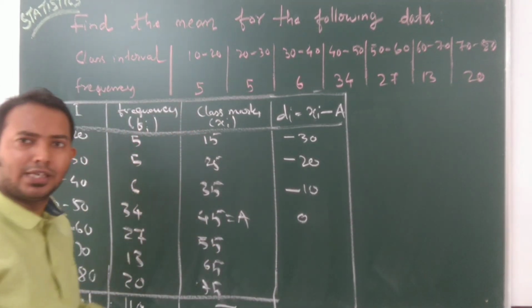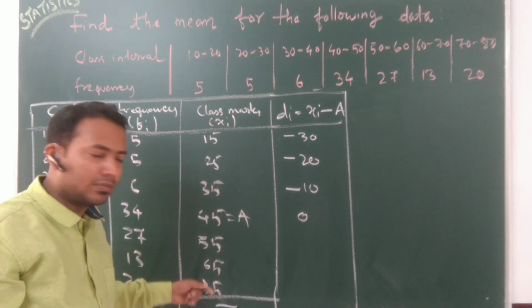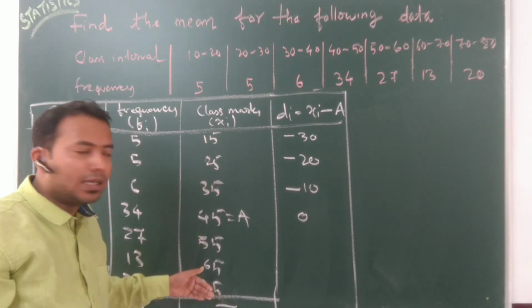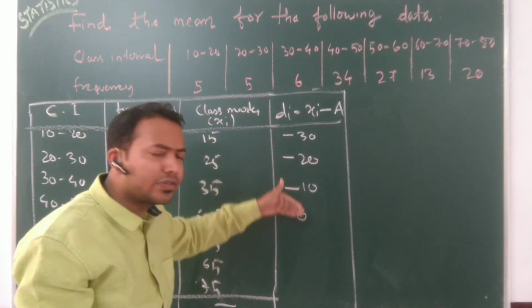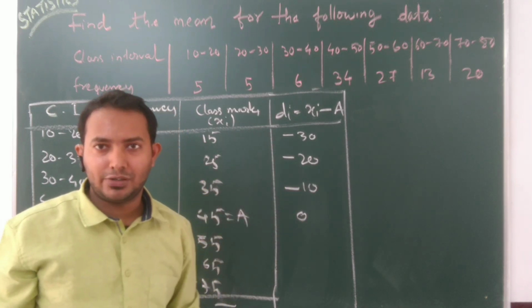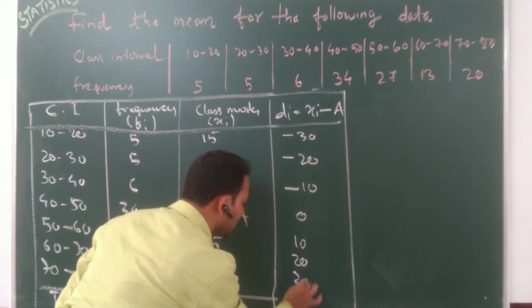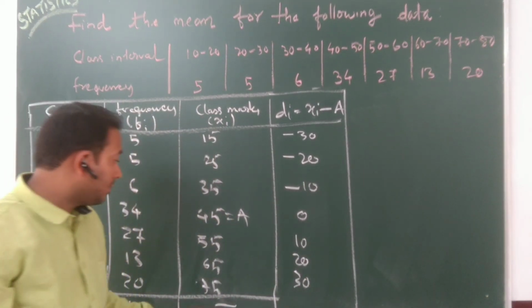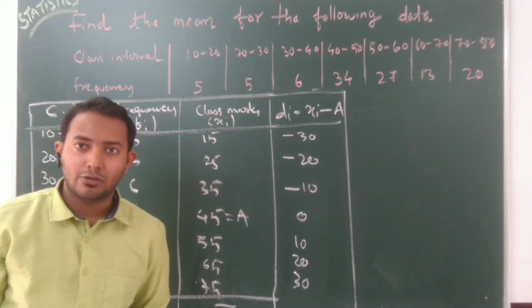And after that, if there is an equal gap, that means the class size remains fixed, then just find the first one. For the next, just substitute the same value without minus, like 10, 20, 30. Very simple. That is just to check whether your class size is constant or not.